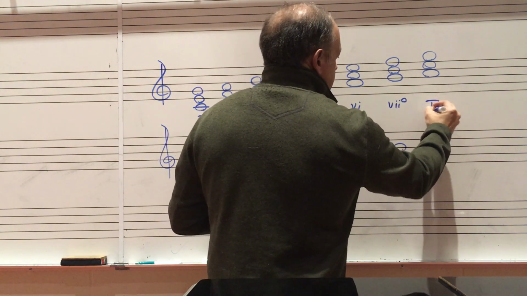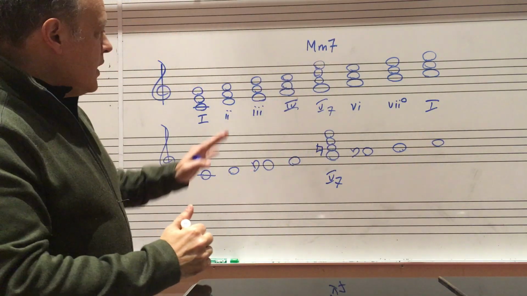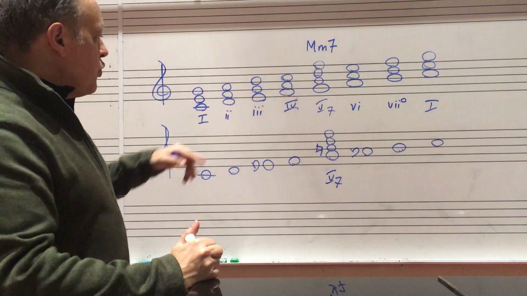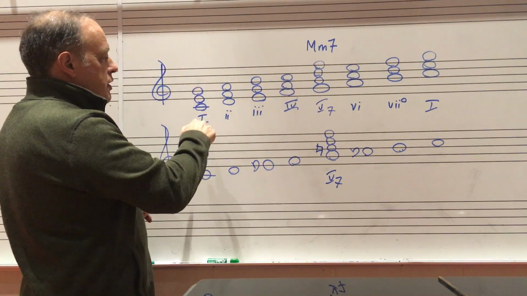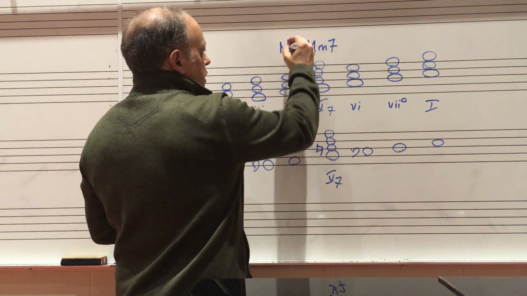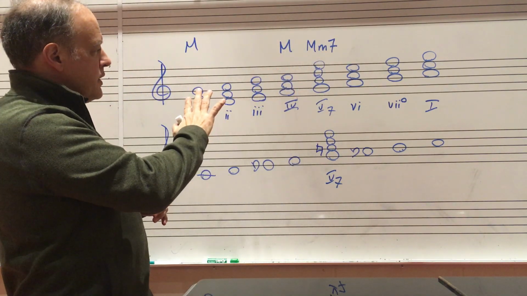So, if I then wanted to add sevenths to each of these triads, I would first of all make note of the fact that I have these basic triad qualities in place.